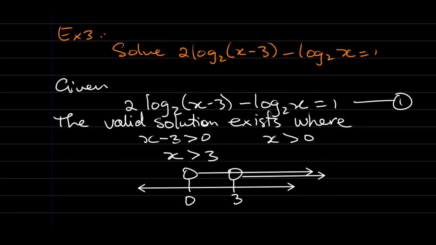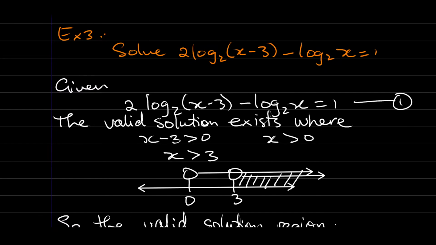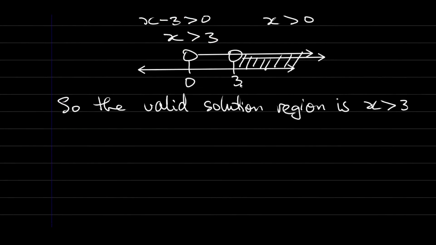It will help you find your region easier. So let's see. Right? Right. So the valid solution region is x greater than 3. Right? So the valid solution region is x greater than 3.